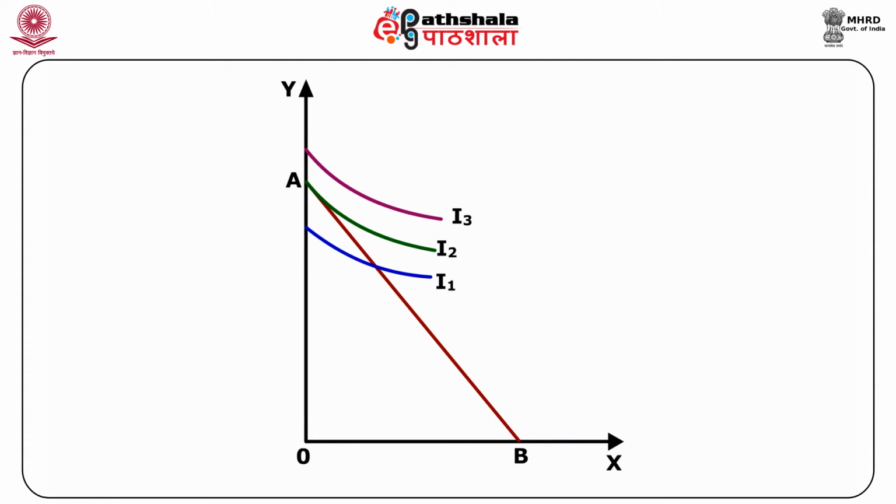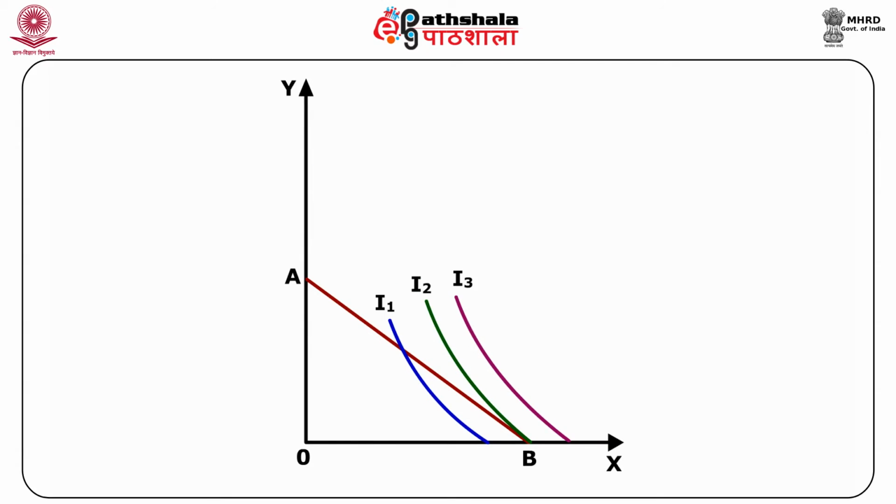This means that the relative price of commodity X, PX upon PY, is always more than his willingness to pay for X, MRS XY. In this case, the consumer will not purchase commodity X and maximizes his satisfaction by purchasing only commodity Y. Thus, a corner solution is achieved at point A.